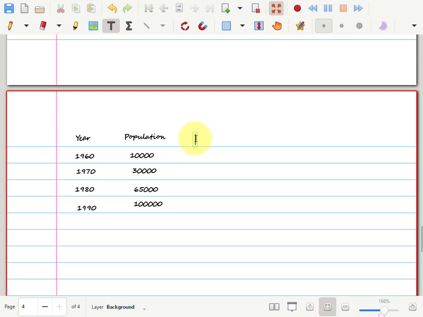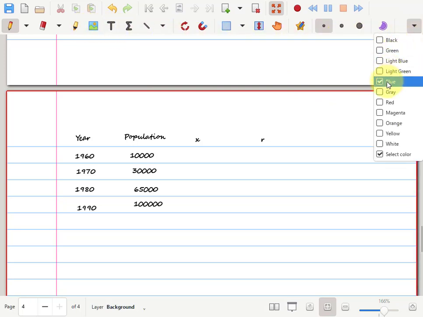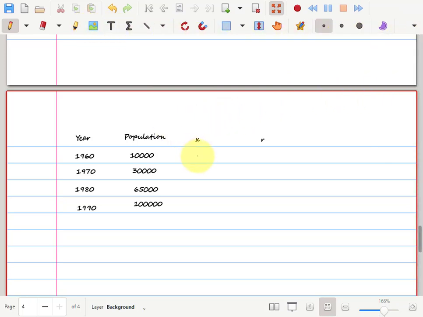For R, we first need to find X as we did in the previous method. So the first thing we need to find is X, and then we will find R with the help of X. Okay. So let's see how we can find R. For X, we already know that for the first term we don't need to do anything.